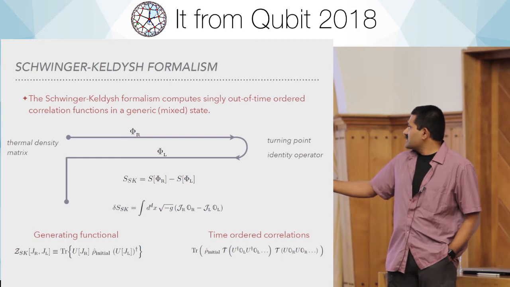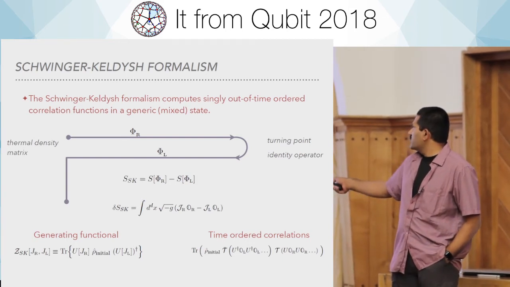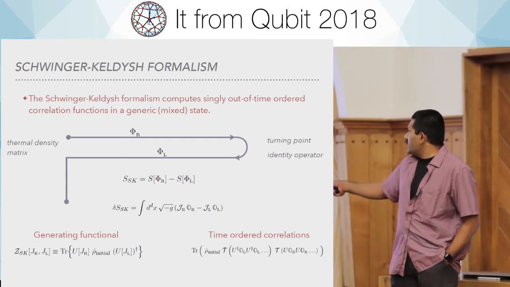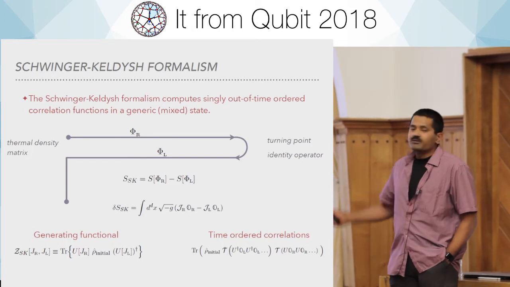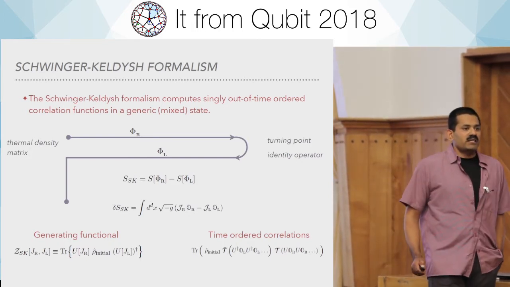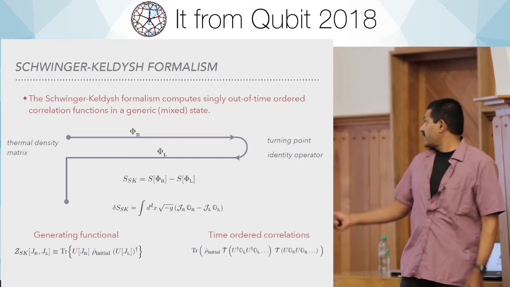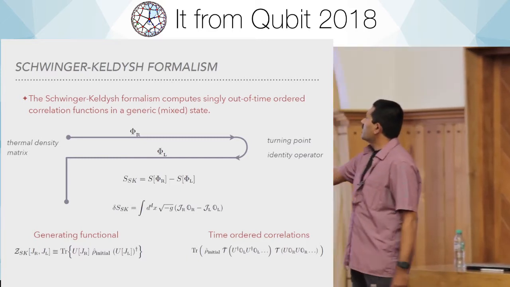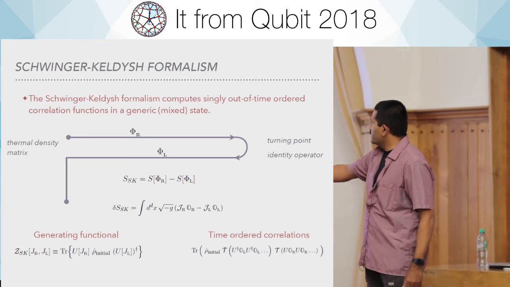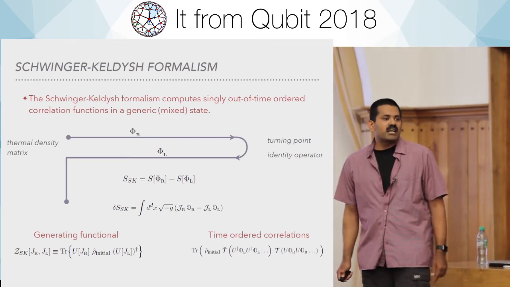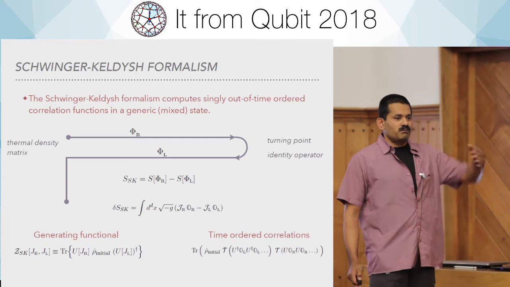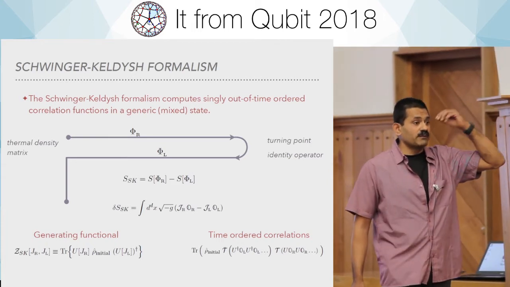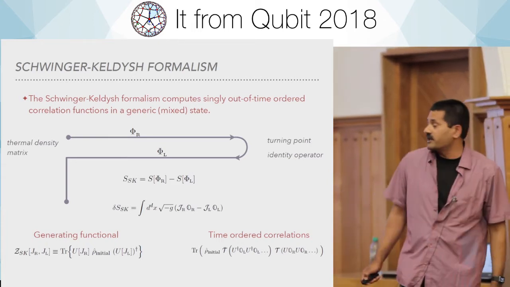So I start with some initial state, I evolve it forward, I then evolve it back and glue it at the future with a maximally entangled state, except that my maximally entangled state here is not normalized. And if I'm in a thermal system, after I evolve it back to the initial state, I then take it back an amount beta by Euclidean evolution to ensure that I'm in a thermal state.